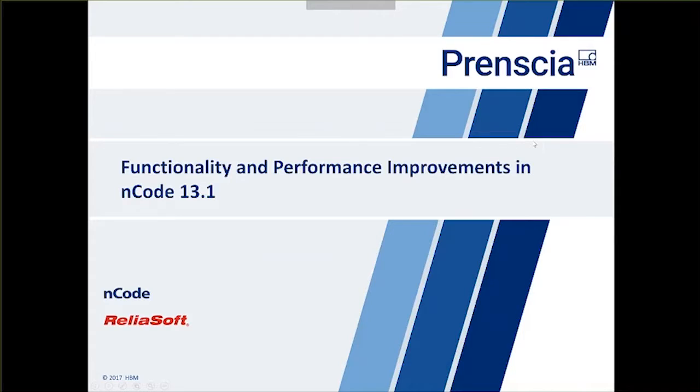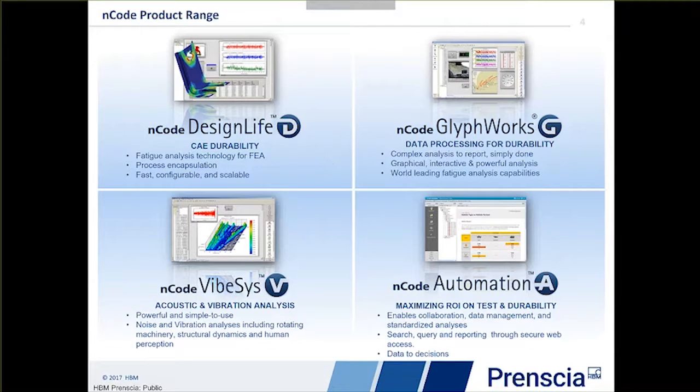The nCode product range is made out of Design Life, that's Paul Roberts' specialty here. Basically Design Life is an FEA-based durability tool that uses FE results to compute fatigue contours and fatigue life. Then we've got Glyphworks, for general purpose signal processing.